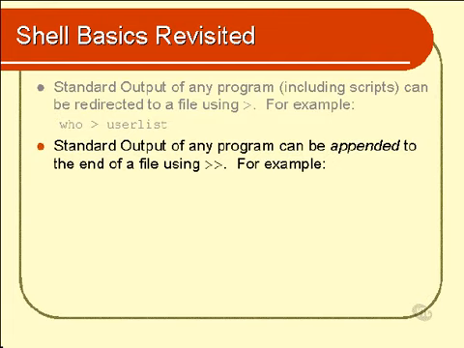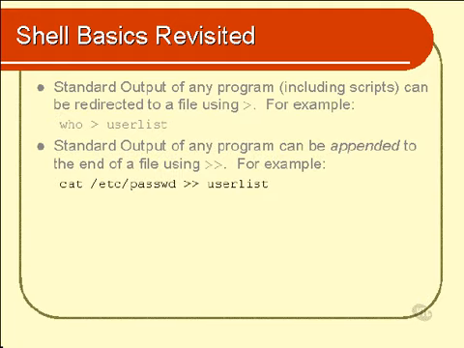Very similarly to the first option, standard output can actually be appended to the end of a file rather than creating a brand new file. To do this, you use the double greater than signs. For example, I could append the contents of the /etc/passwd file onto the end of my existing user list file by simply using the double greater than sign. Let's do exactly that.